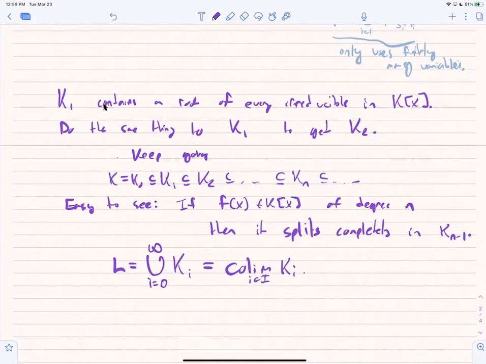I guess it's not an abuse of notation, depending on how careful you are. Set theoretically, it's not an abuse of notation, but field theoretically, it's an abuse of notation.